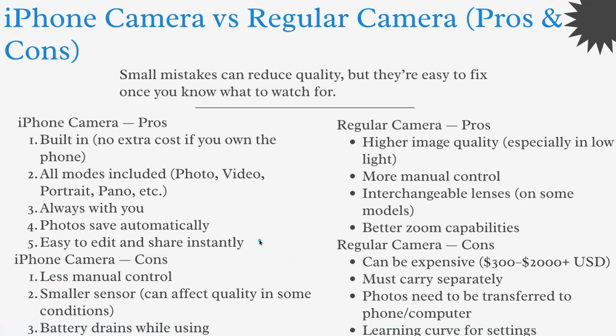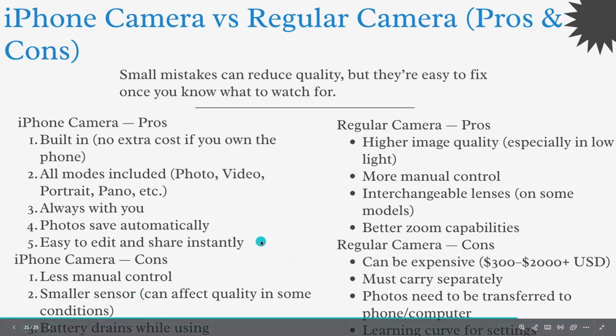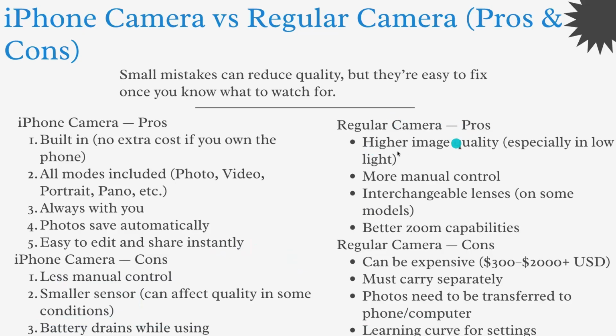So basically, iPhone cameras are pretty small, but these regular cameras have a much larger sensor, so they can include a lot more detail in the photo. And also, your battery drains while using the iPhone camera. Okay, regular camera pros.